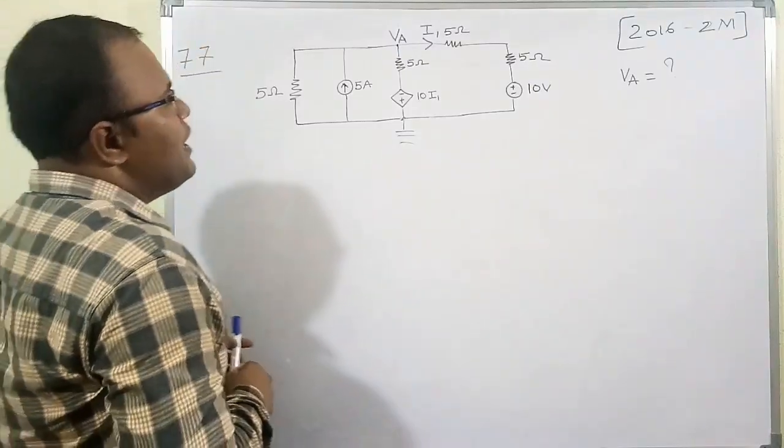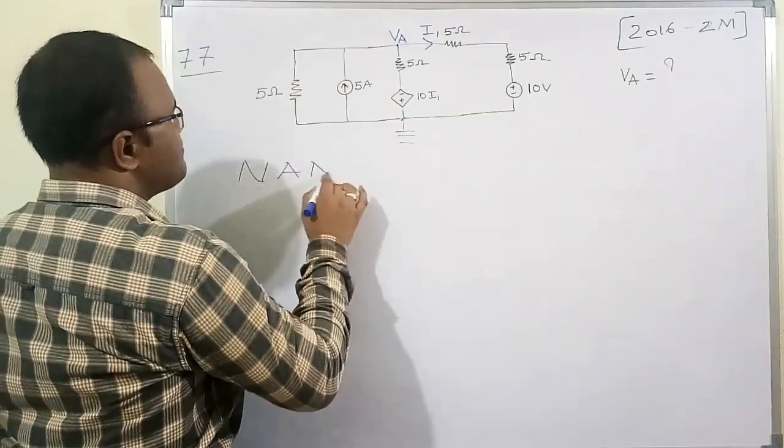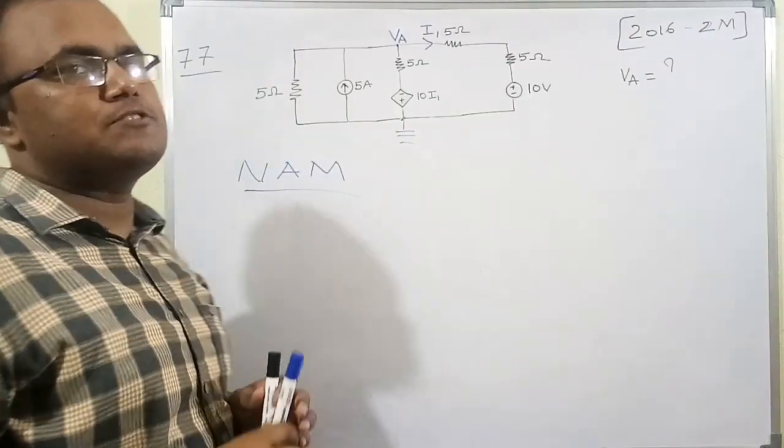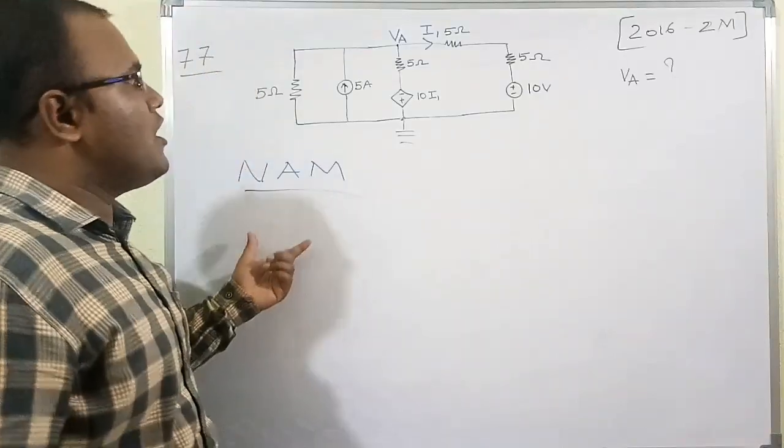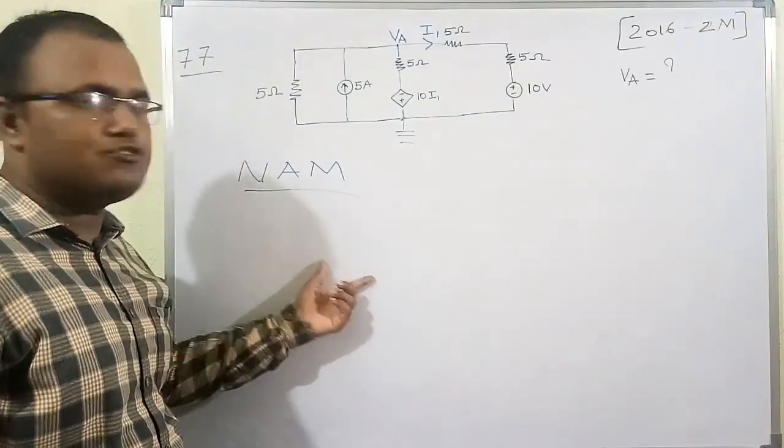So by nodal analysis method, the algebraic sum of currents leaving a particular junction is equal to 0.